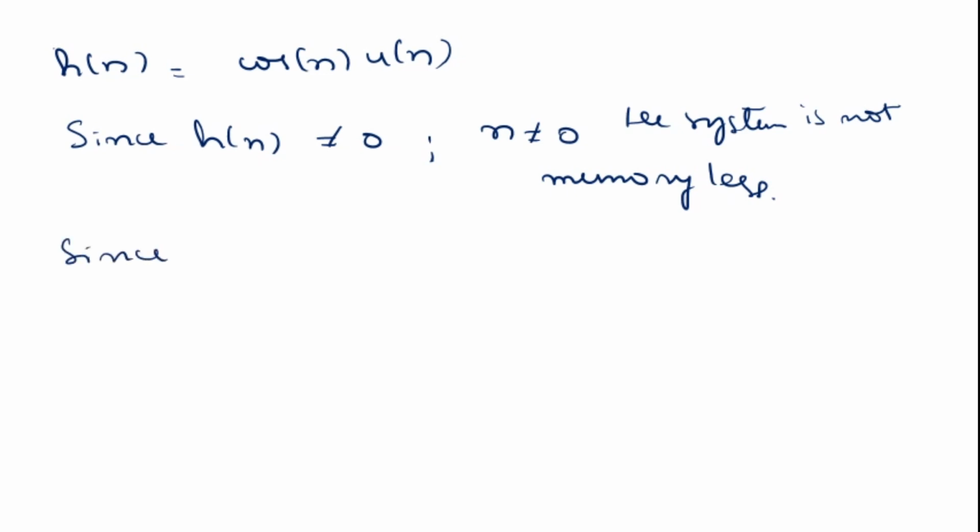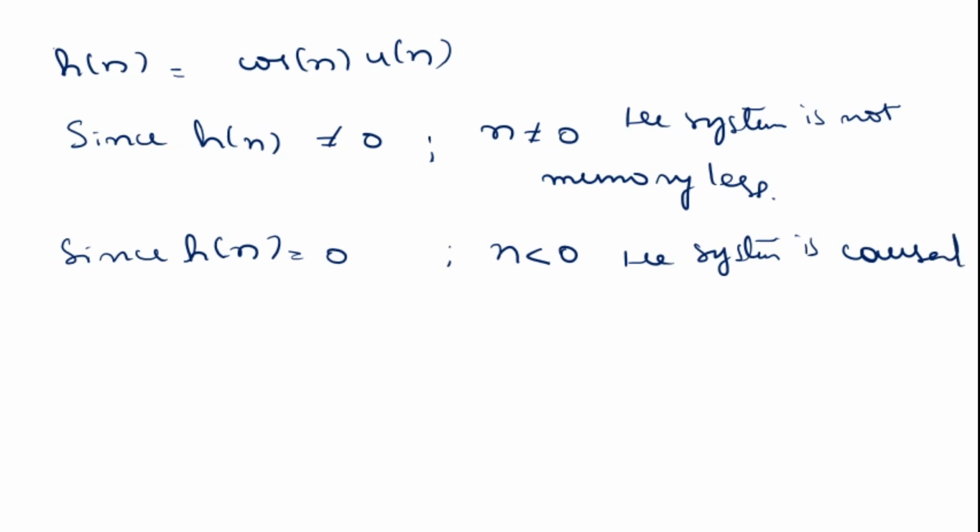To check the causality, h of n is equal to 0 for n less than 0, then the system is causal.